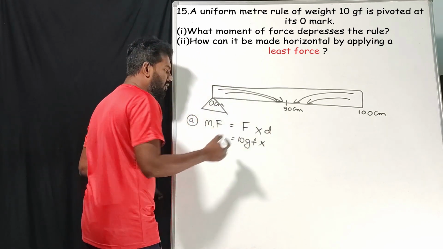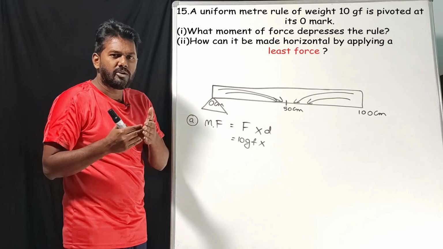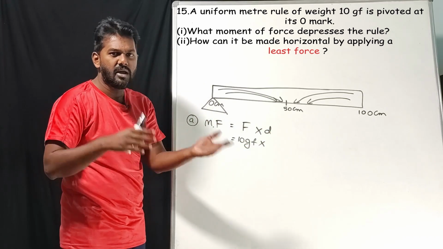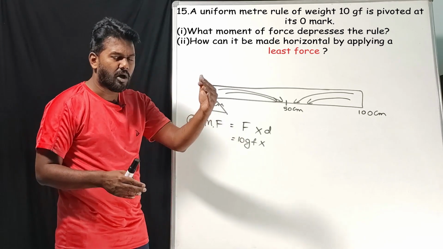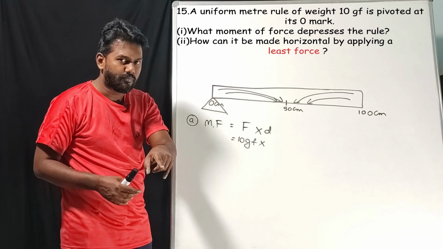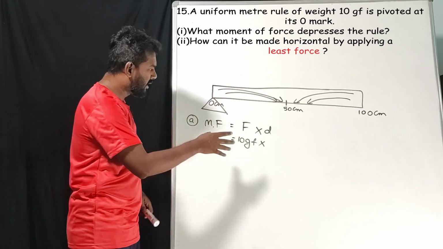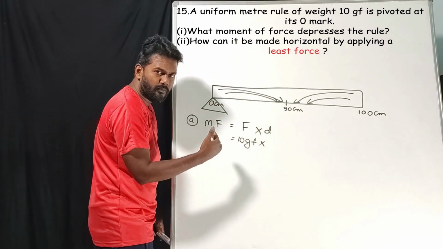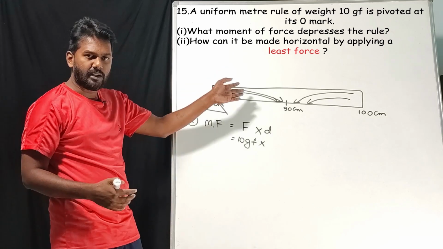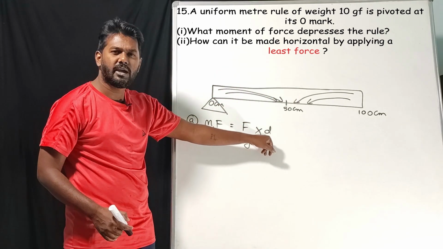Next we need to get the value of D. In previous questions, D is nothing but X1 or X2, correct? X1 will be the distance from the load to the fulcrum, or else from the fulcrum to the load, anything is fine. Here we don't have any load. We have taken the scale as the complete weight or F. Then do you think the 100 centimeter is the value of D?